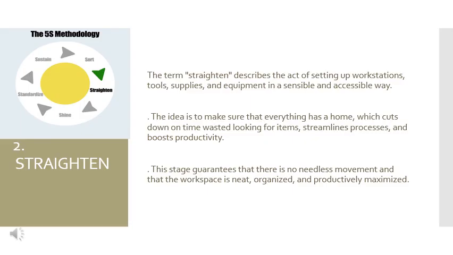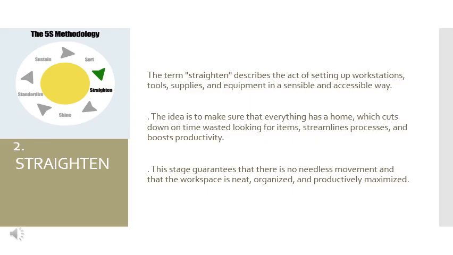This stage is to make sure that there is no needless movement and the workplace is neat, organized, and productively maximized. So we set things in a particular manner, like which trade needs which stuff, and it's set at a particular place where they will work, and this reduces the chances of any errors.